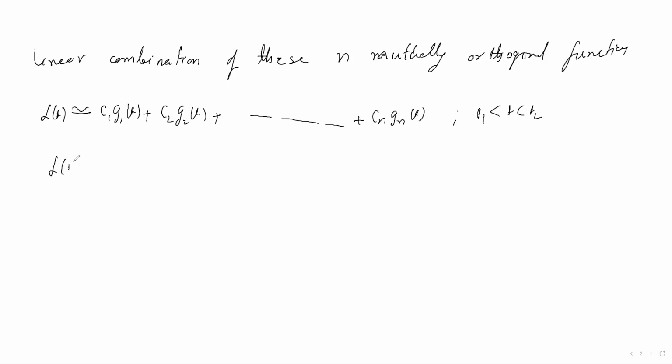If we use a summation sign, we can express this as the sum of Cr Gr(t) in the interval T1 to T2.